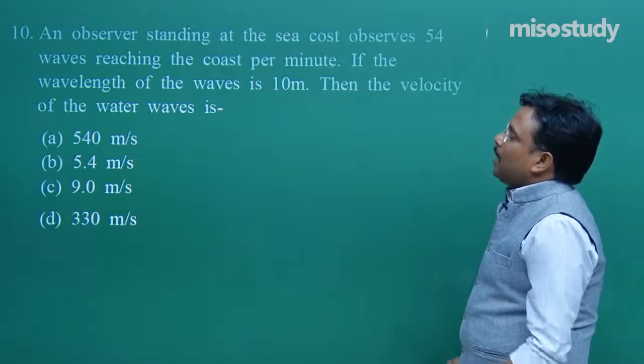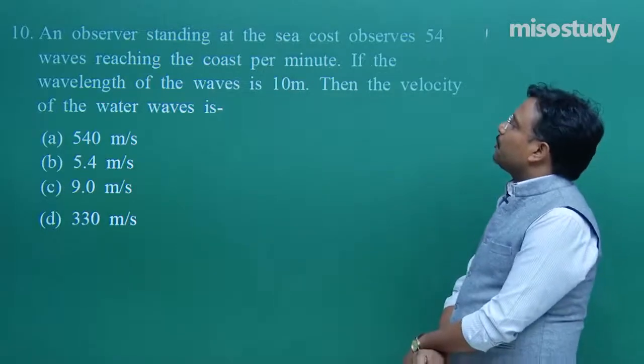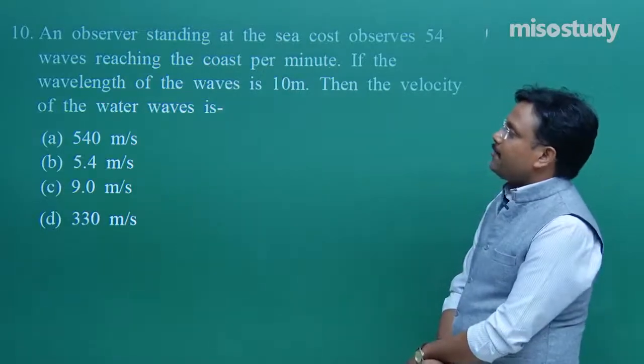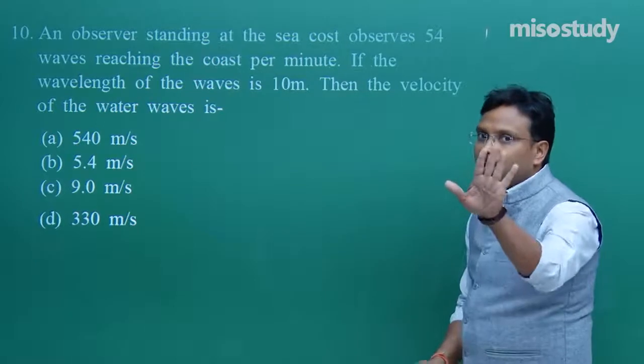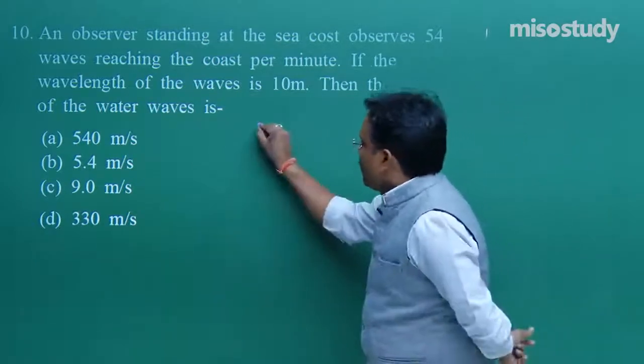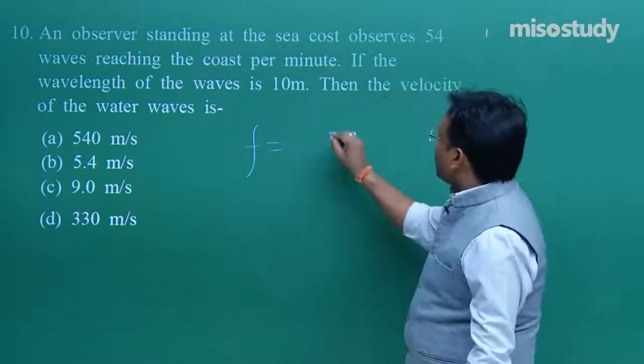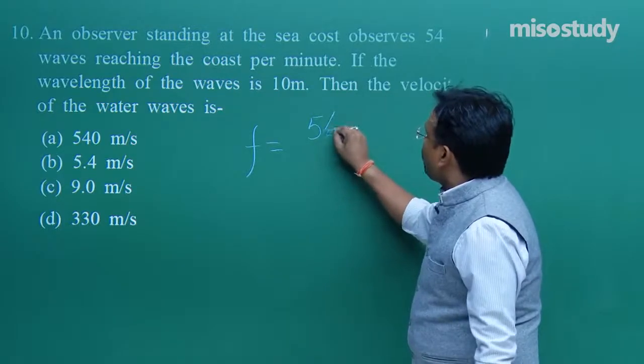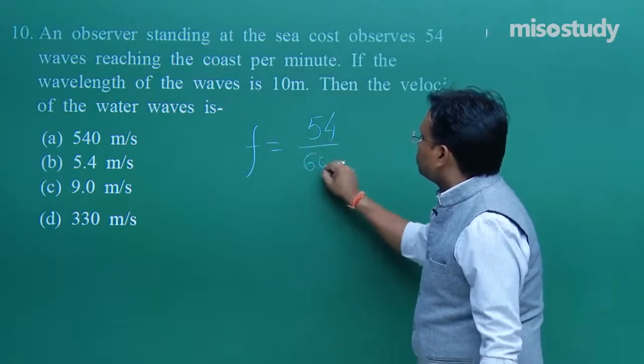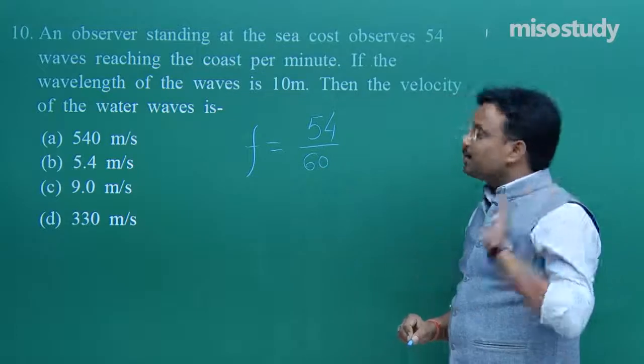Here an observer standing at the sea coast observes 54 waves reaching the coast per minute. Means f is equal to 54 upon 60. No problem in this part.